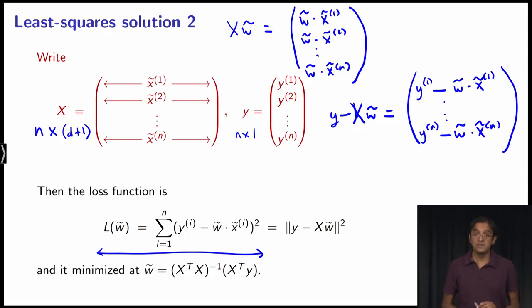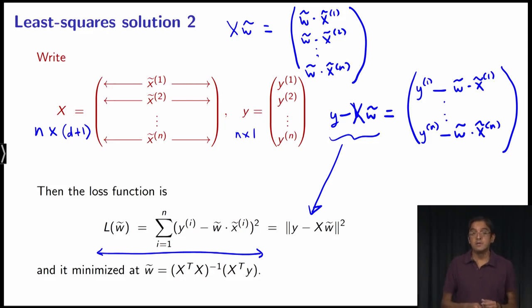So in particular, the squared norm of this vector, which is this quantity over here, is exactly the sum of all the squared errors. It's exactly our loss function. So we've rewritten our loss function without any summation at all, purely in terms of vectors and matrices.